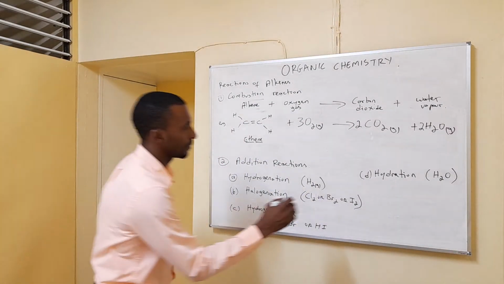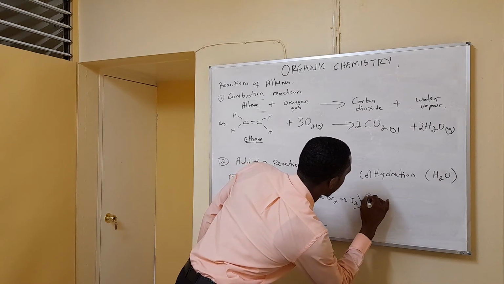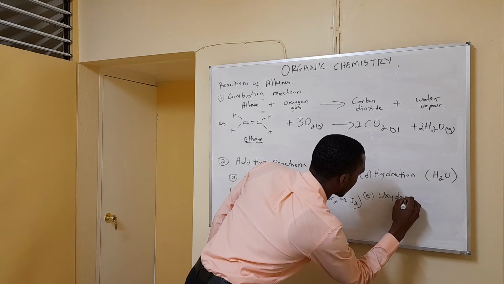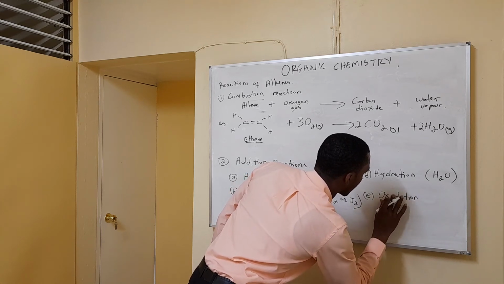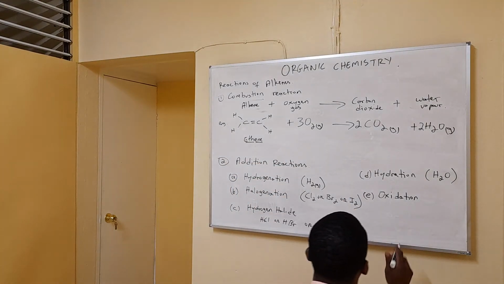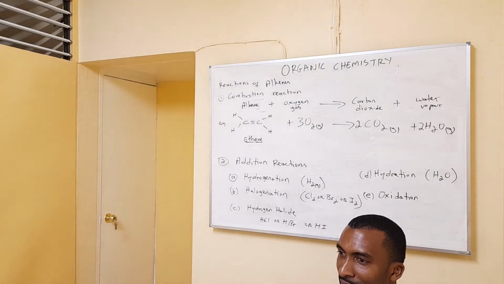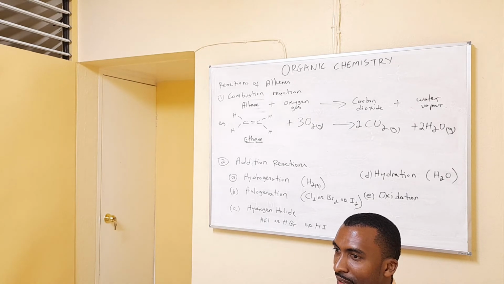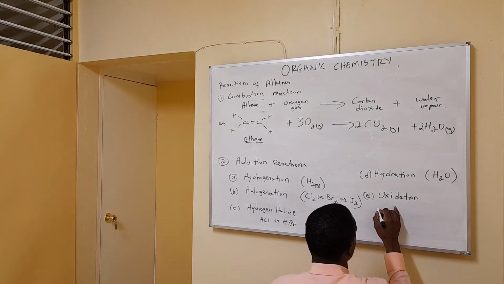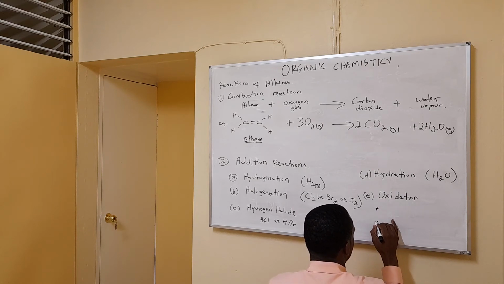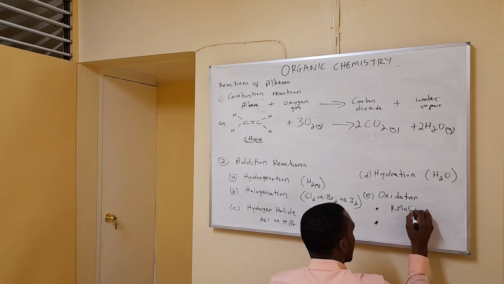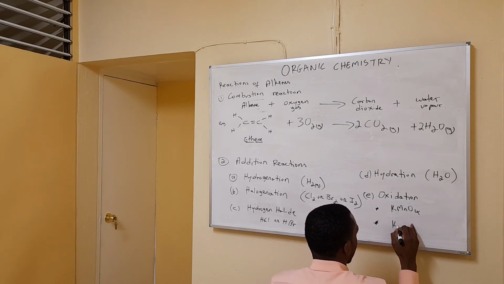Then oxidation, right? Oxidation, and oxidizing agent before we reach the redox reaction. Even though we haven't studied redox reaction, you have to know about 2 types of oxidizing agent. KMnO4.